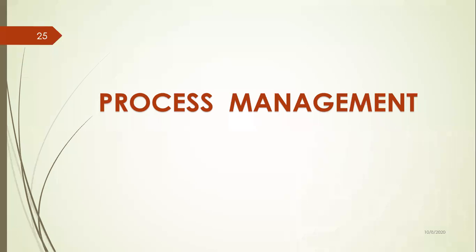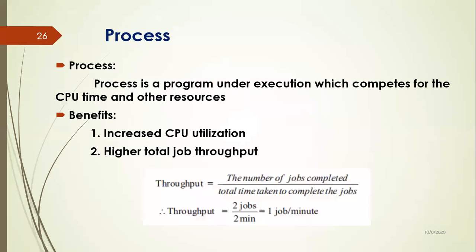Now process management, what is process? Program is in execution, that we call as a process. Okay, now what are the use or what are the benefits of using process management? It increases CPU utilization.